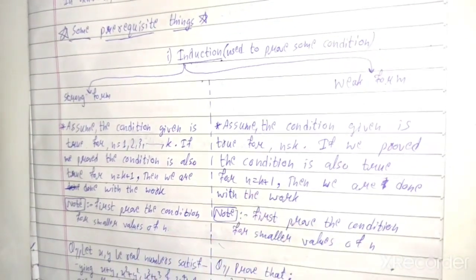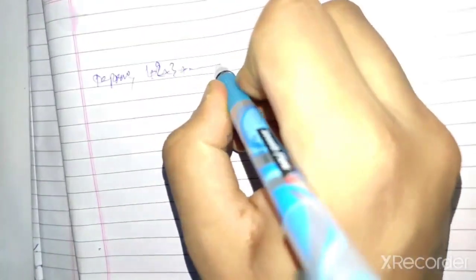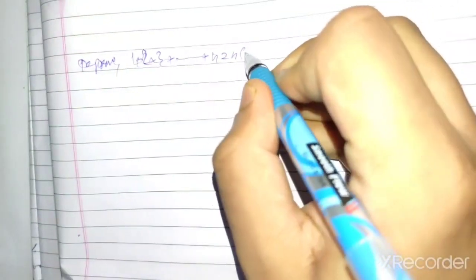Basically, let's say we have to prove that the sum of the first n natural numbers, 1 plus 2 plus 3 plus dot dot dot plus n, must be n times n plus 1 by 2.